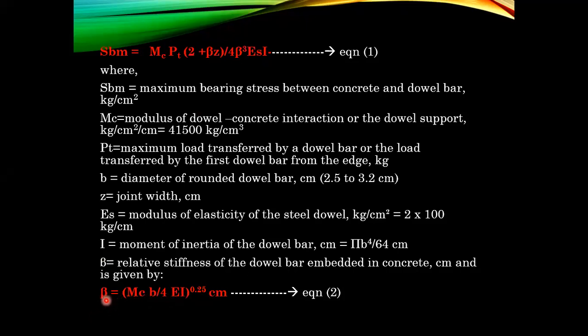The formula for beta is MC B divided by 4 into EI, to the power of 0.25. I will explain the terms. Just copy this. Just take screenshot or copy. By that time, I will be explaining these terms.